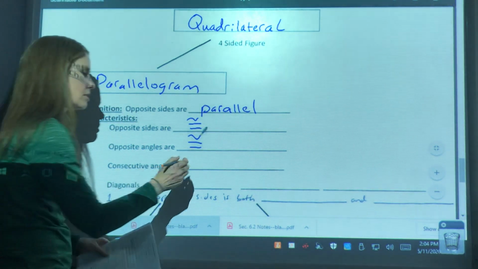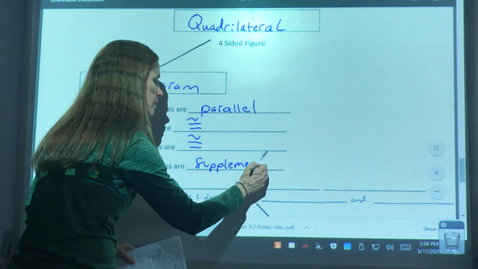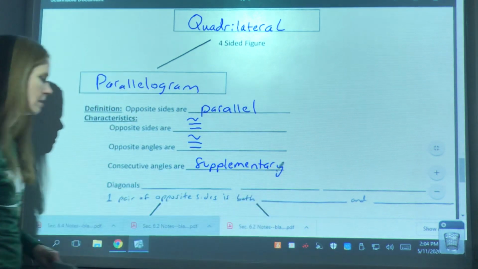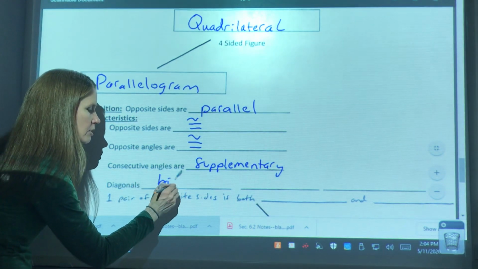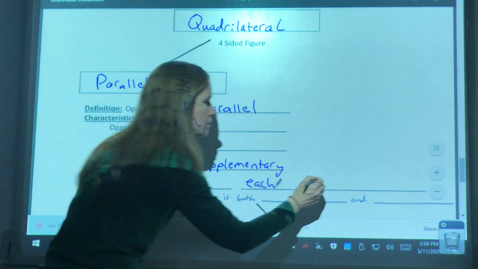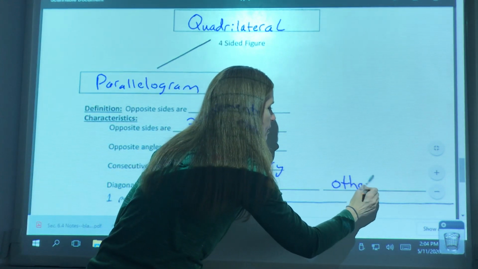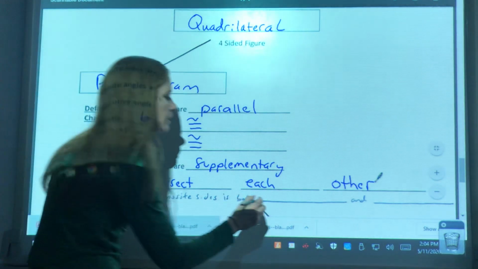Consecutive angles are supplementary. Diagonals bisect each other. Remember, cut each other in half. And the last one says one pair of opposite sides is both parallel and congruent.